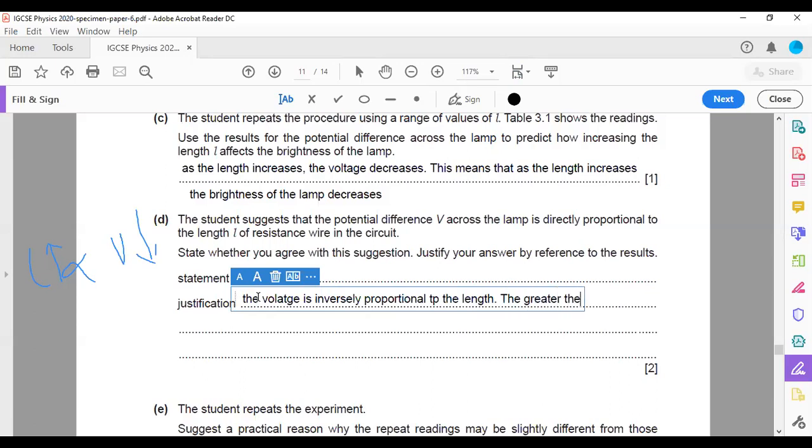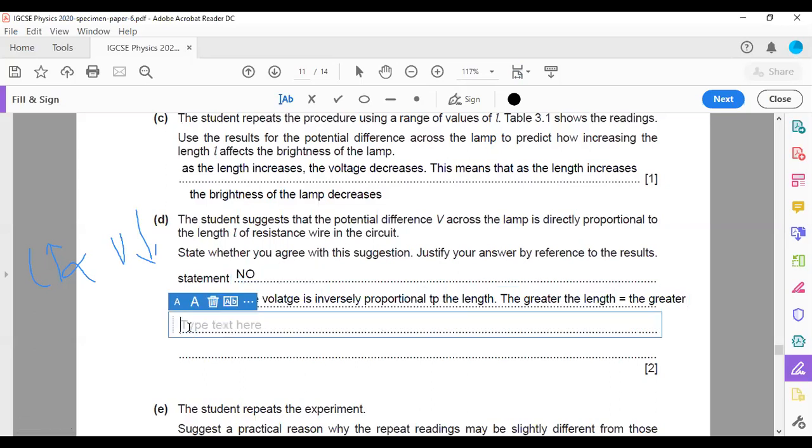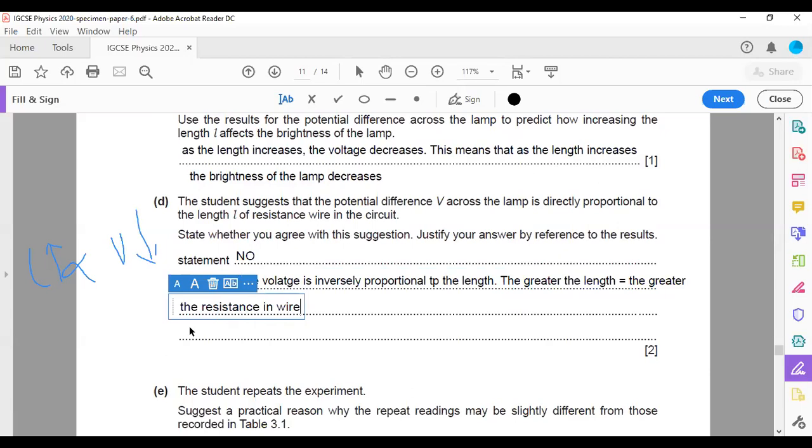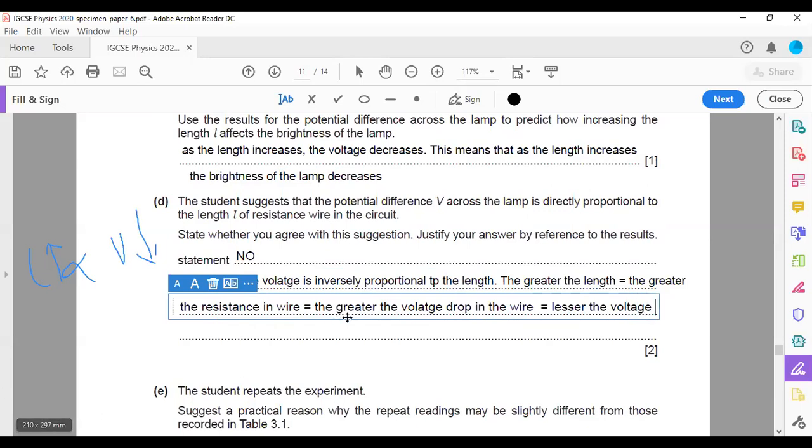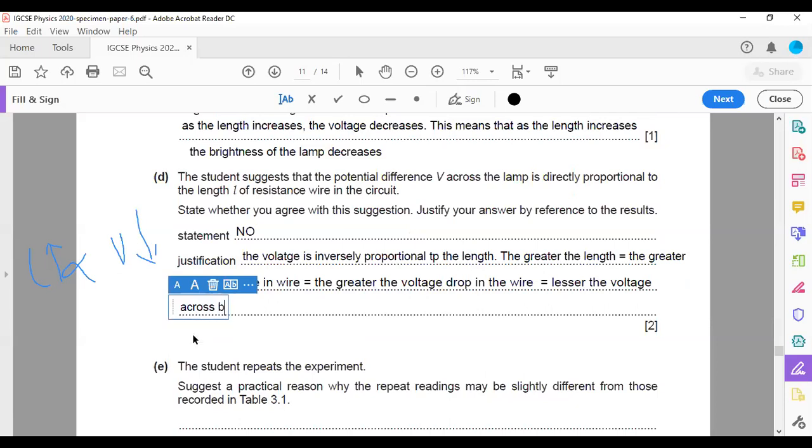The greater the length, the greater the resistance in the wire, the greater the voltage drop in the wire, the lesser the voltage across the lamp, hence the brightness of the lamp decreases.